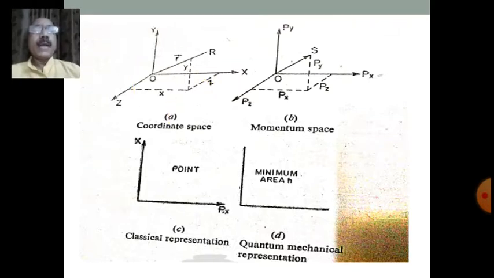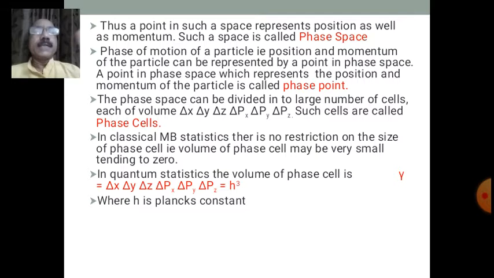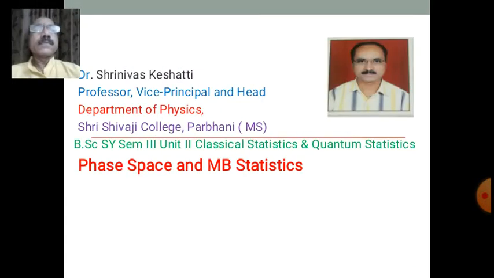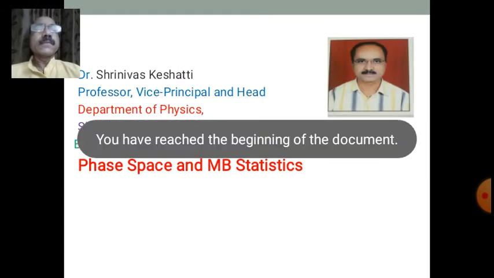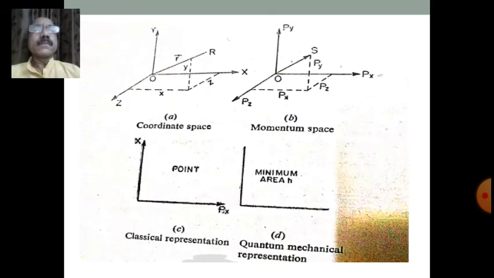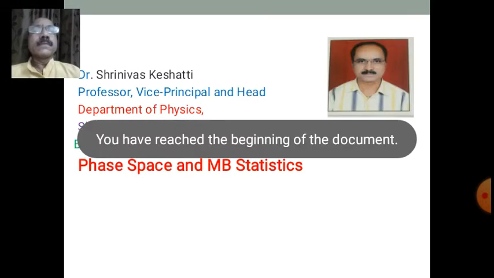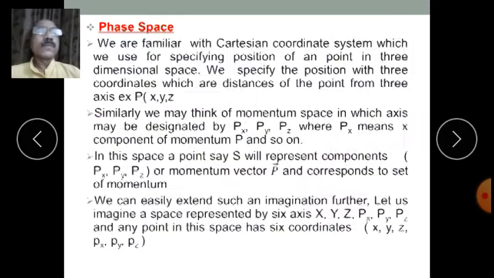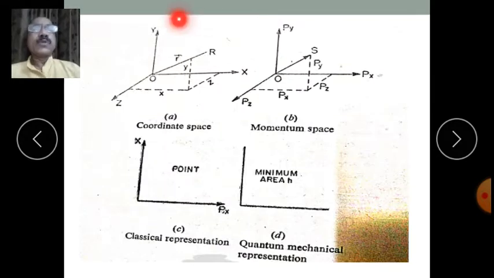So this is a Cartesian coordinate system. This is a point R, which has coordinates x, y and z.